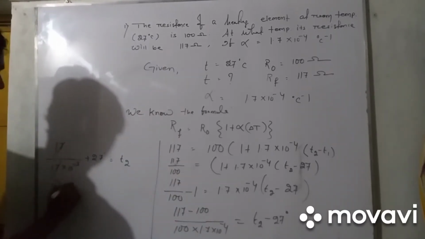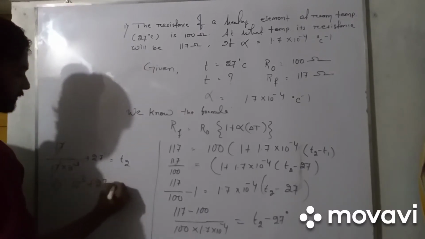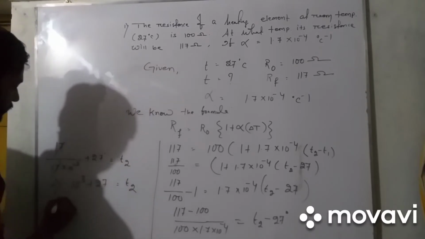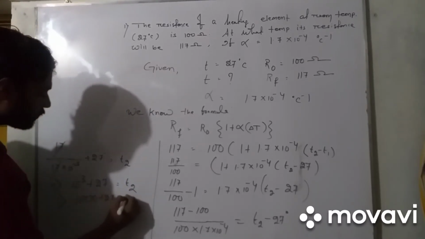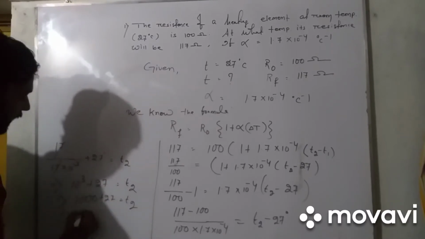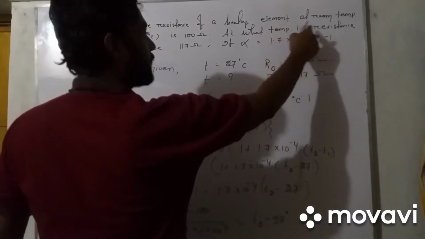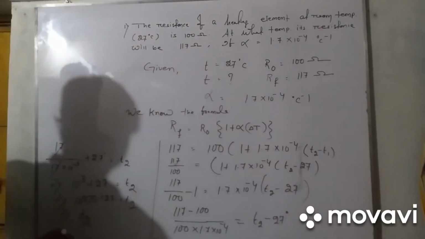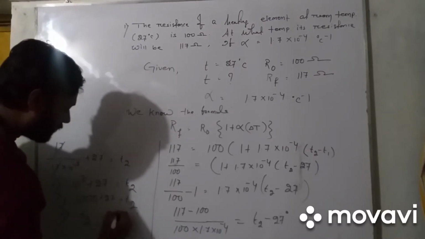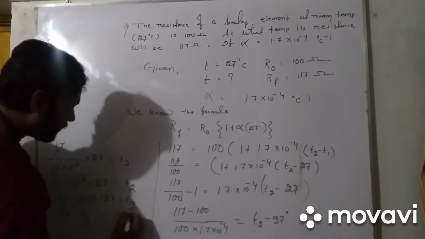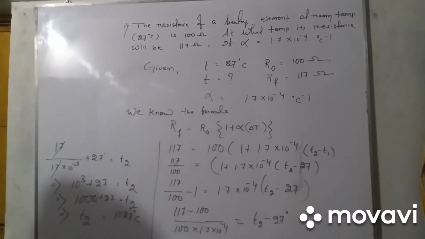In that case, 10 to the power 3 plus 27 degree equal to T2. So that implies 1000 plus 27 equal to T2. That means the final temperature at which its resistance will be 117 ohm is 1027 degrees centigrade.